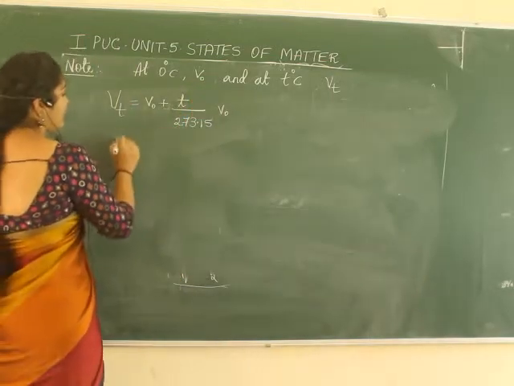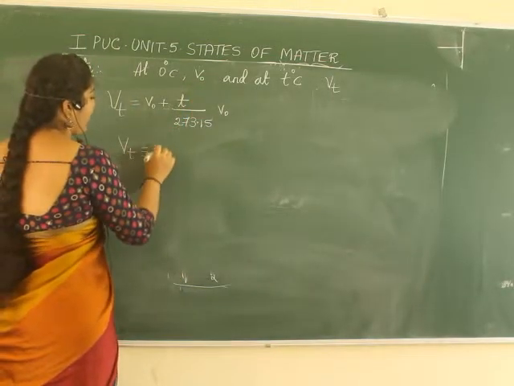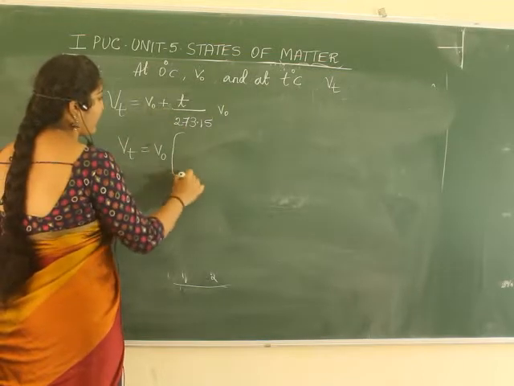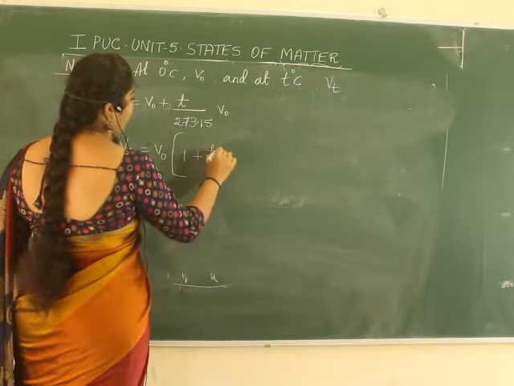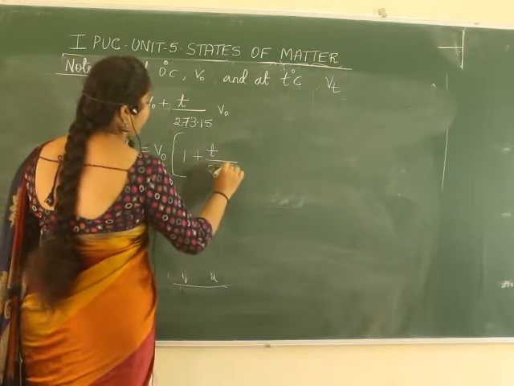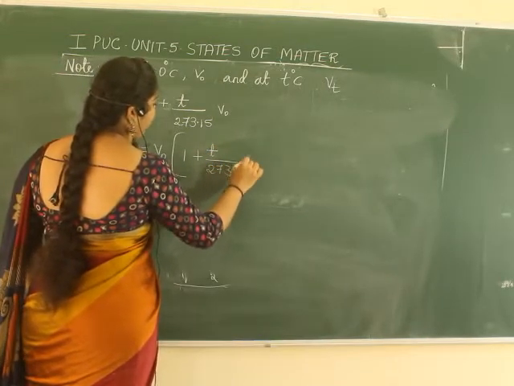So in another way, you can write taking V naught common. If you take V naught common here, what does it become? 1 plus T by 273.15, no?